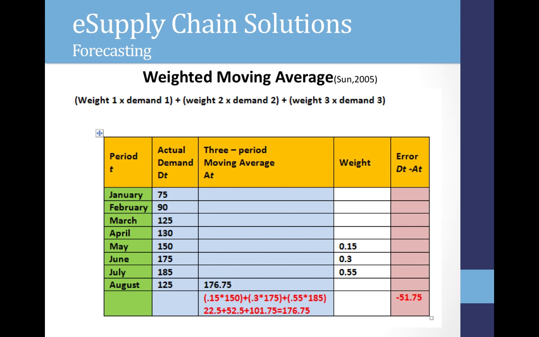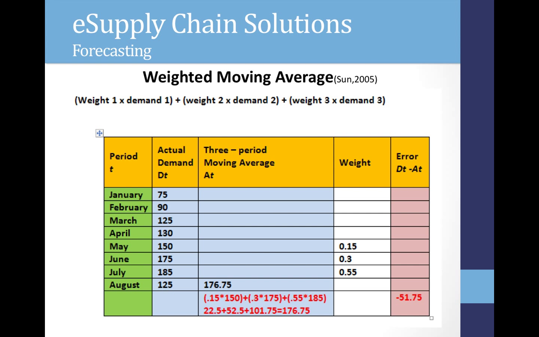In the previous method, we saw that all the periods have equal weight, but in this method, we are going to give a weight to each period, and the highest weight is going to be assigned to the most recent demand.